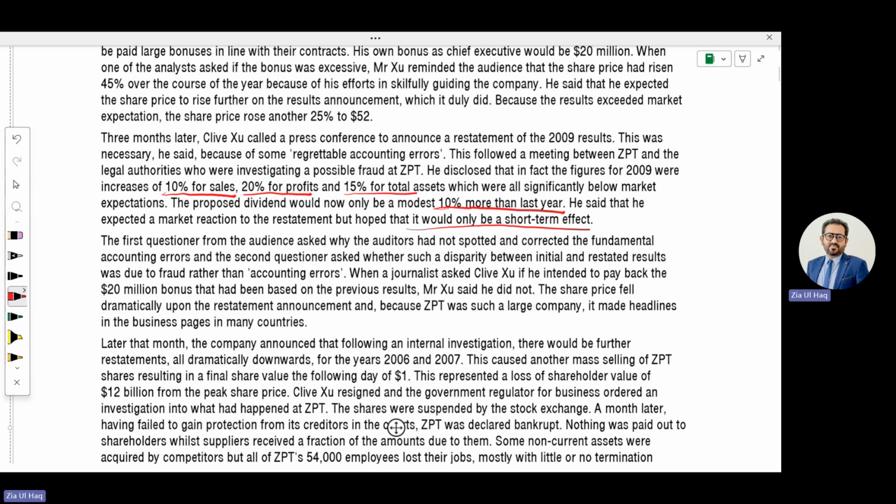The share price fell dramatically upon the restatement announcement. Shareholders tried to withdraw their investment because it's a fraud, not cash. Because ZPT was such a large company, it made headlines in the business pages in many countries.